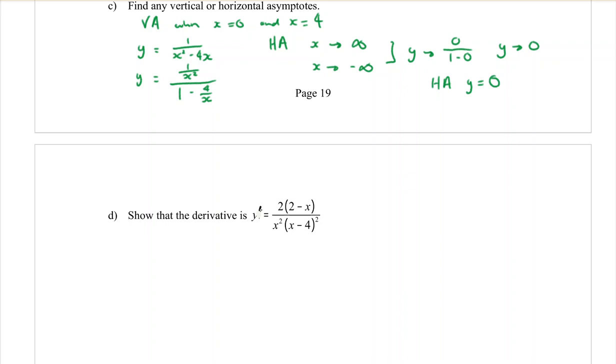My original equation was y equals 1 over, and I expanded it out to be x squared minus 4x. Okay, by doing that, I'm going to be able to bring my denominator up to differentiate it. So that would be x squared take away 4x to the power of -1.